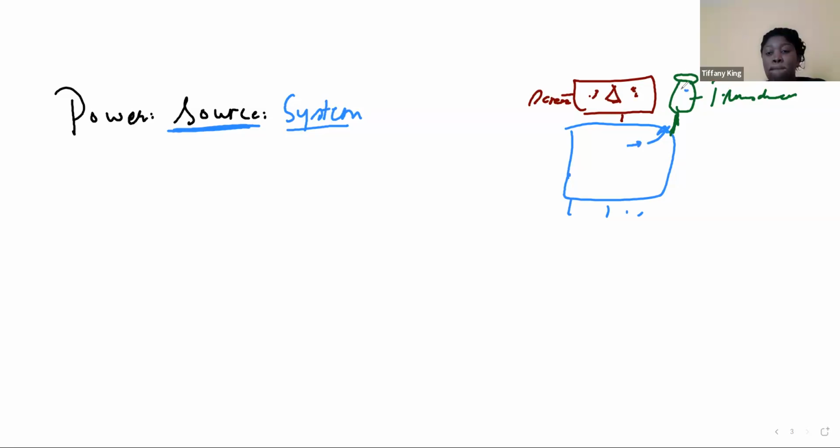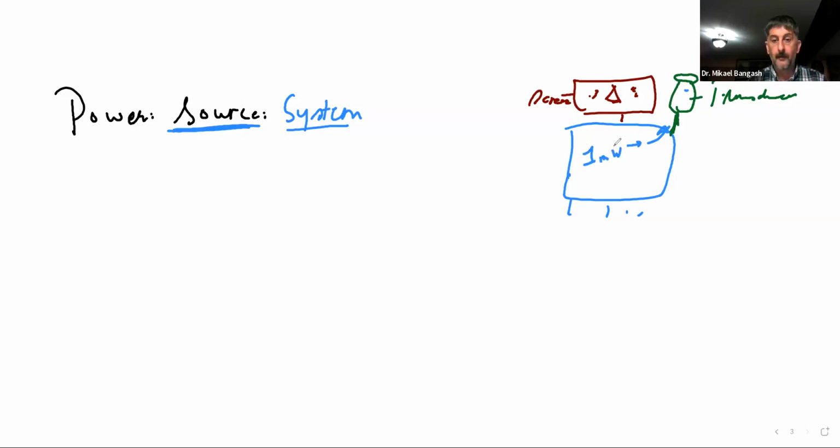Good. So if it produces, let's say, 1 milliwatt, that 1 milliwatt is going to be produced by the system. Practically, where does that 1 milliwatt come from?